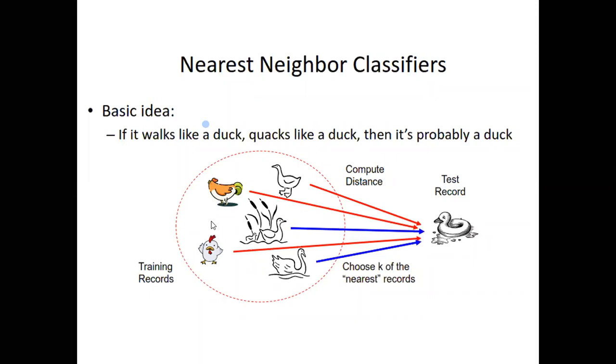There will be hundreds of examples, and for the 5 closest points, it will check, and in those 5 it will select whichever closest matches there are. For 2 exact matches are there, so it will say it is a duck. So it is a 5 nearest neighbor. Is it clear?